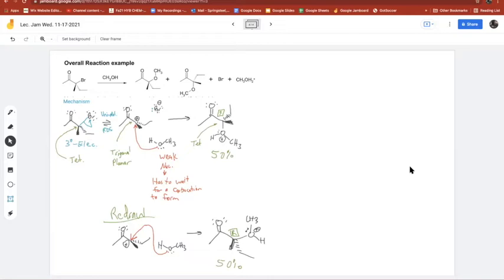And then the final step is just the water molecule, another methanol, coming in and deprotonating. That did not look pretty. Oh, I'll do it in black. Yeah, just keep black. Here we go.